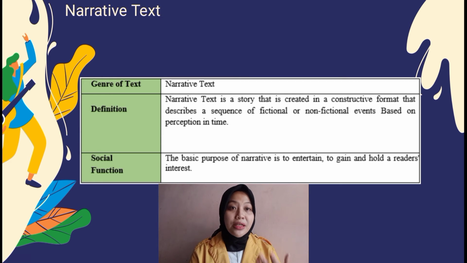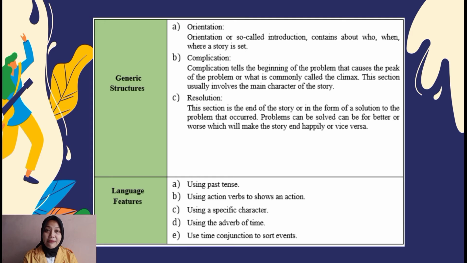Okay, now I will explain to you the generic structure of narrative text. Here, the first one, we have orientation. Orientation, or so-called introduction, contains who, when, and where a story is set. Okay, second we have complication. Complication tells the beginning of the problem that caused the peak of the problem, or what is commonly called the climax.